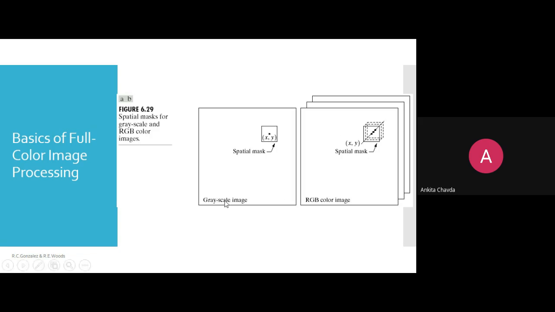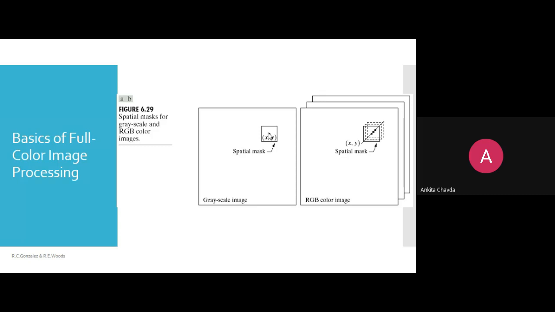If this is your grayscale image, you have a single component, that is intensity at any point x and y. If we talk about MATLAB, if I say f of 1, 1, that is your original image, it means first row, first column, and it will simply return that value. Whatever it returns, that is your intensity.